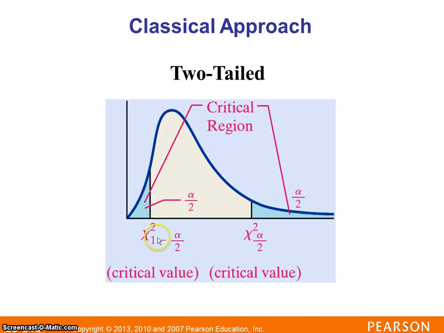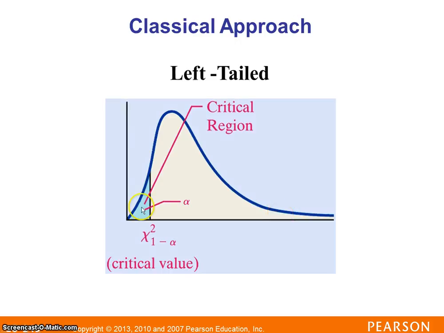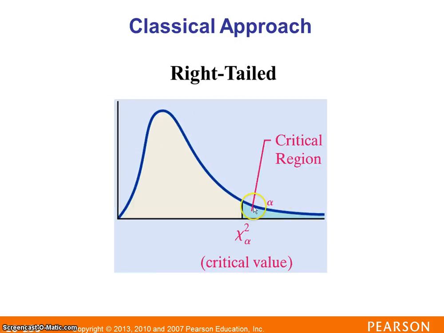Now, just keep in mind these are not symmetric, so if, for example, you find chi-squared of alpha over 2, you can't just double it to get the area here. You'll need to calculate these two things separately and then add them together. For a one-tailed test, right, it's 1 minus alpha. For the two-tailed test, if your test statistic winds up in this critical region, then again you would reject the null hypothesis.